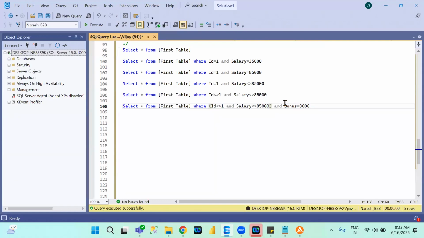All the mathematical things you know from your education, the same thing you need to follow here itself. Understand or not? Very, very important: mathematical operators are the same in the IT field, in any tool. All the mathematical operators you have to remember. Understand clearly or not? Is that clear or not?